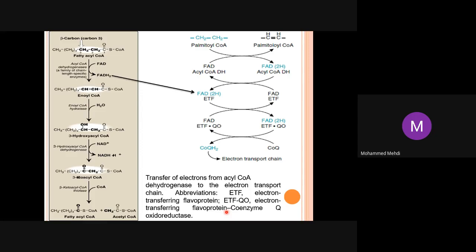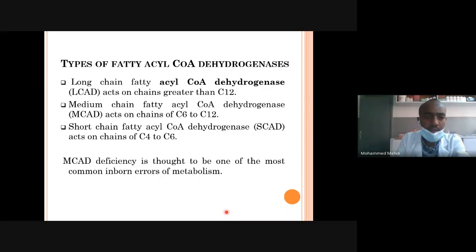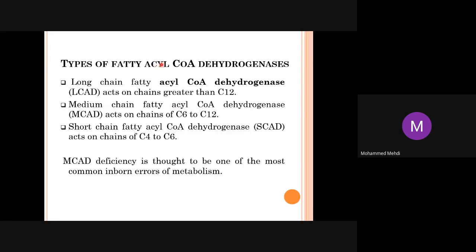The end product formation, the products of 16 carbon fatty acid oxidation. The acyl-CoA dehydrogenase enzyme has 3 isoforms based on the length of the fatty acid. For long chain fatty acids, there is a long chain acyl-CoA dehydrogenase enzyme.